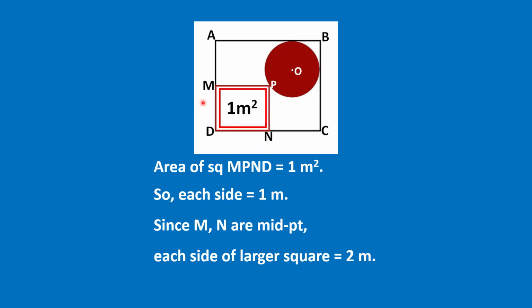If MD is 1 meter and DN is 1 meter, then each side of the bigger square should be 2 meters. So each side of the larger square, that is AB, BC, CD and DA, will be 2 meters in length. That is the first thing we calculate.